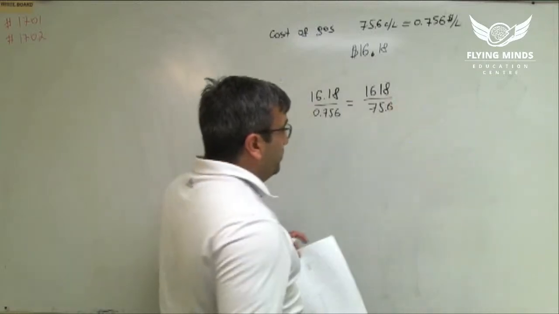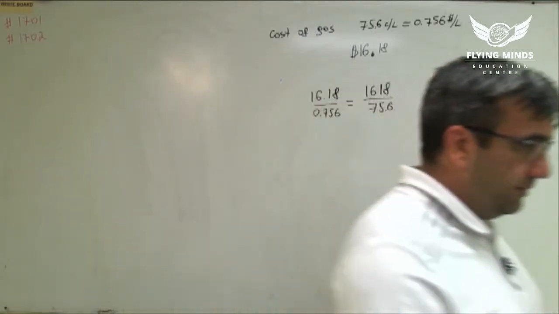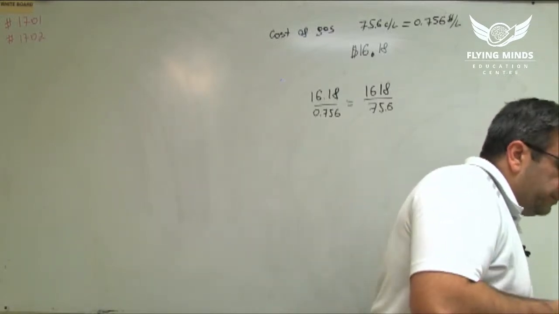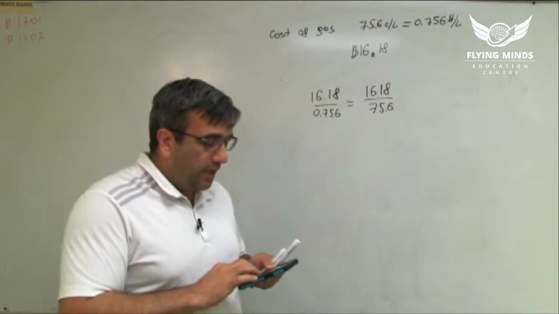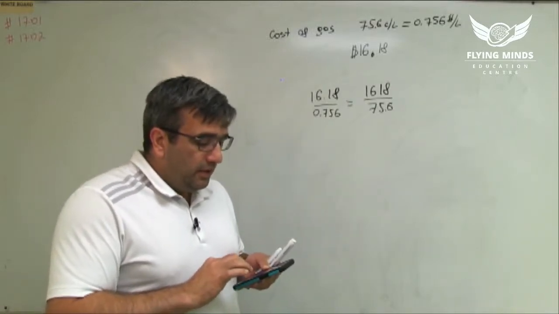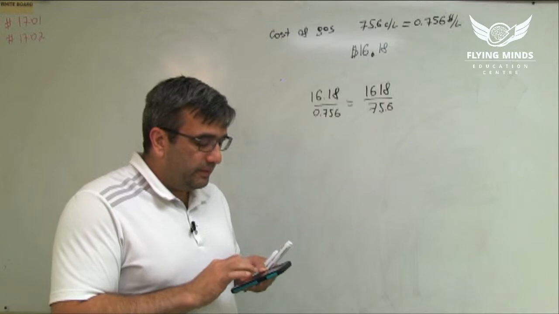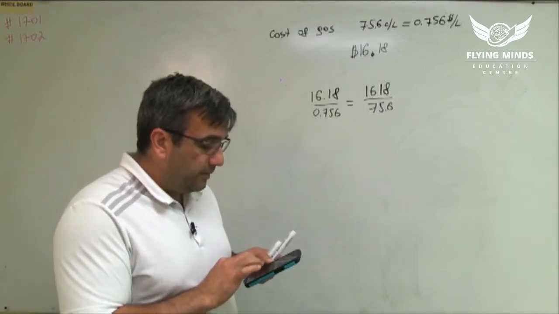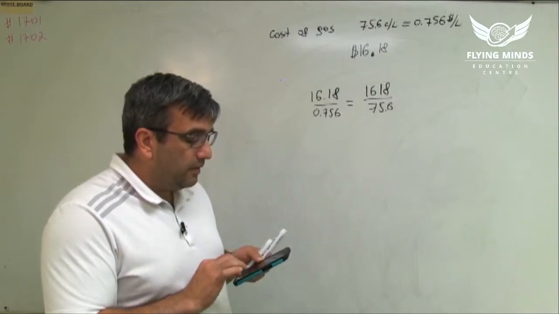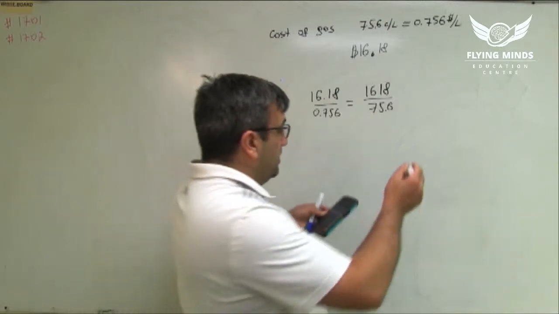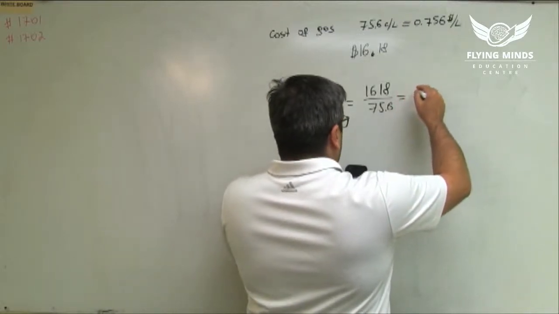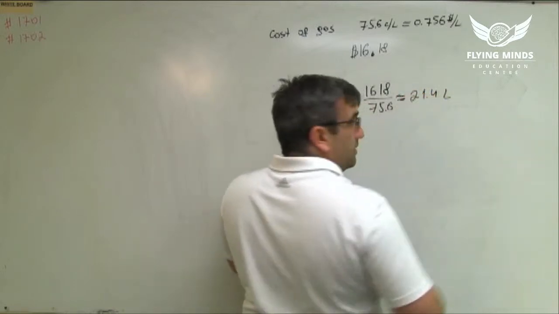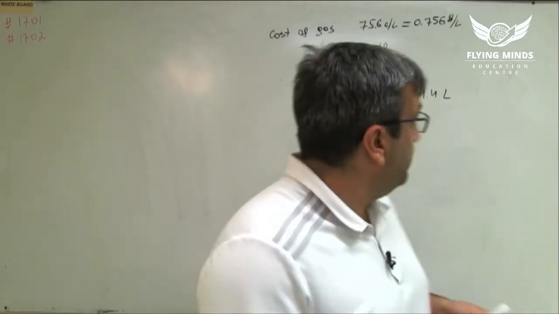Okay, so you can use calculators here. So if we use calculators, we have 16.18 divided by the price, so it will be 21.4 liters, right?